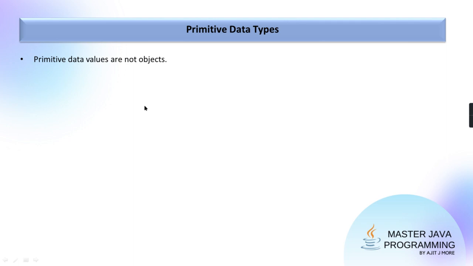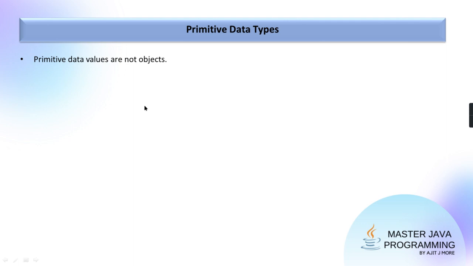Pure means everything in that language is an object. A language in which each and every value is converted to an object. The best example is Python. Everything, whether an integer, float, double, or string, is ultimately converted into an object.